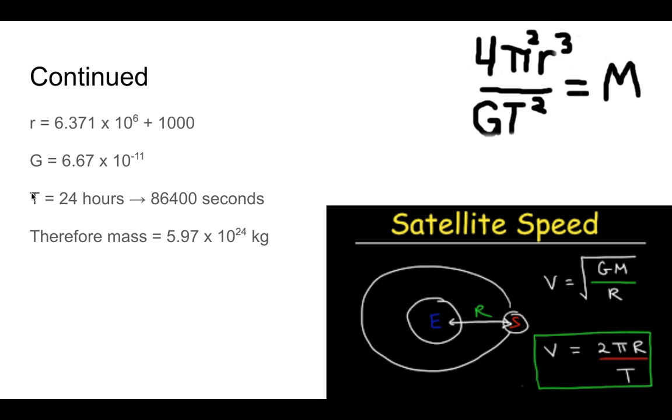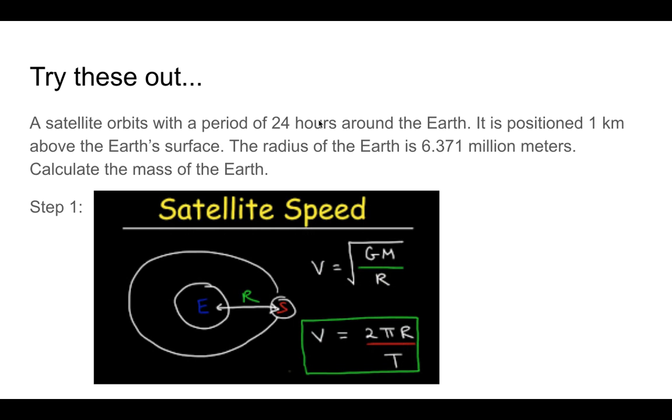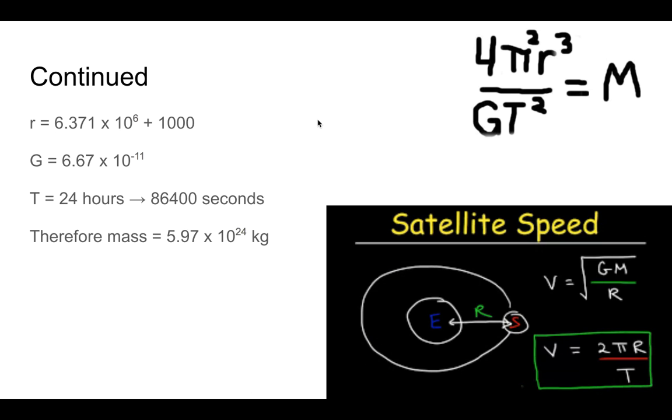The period of the orbit was 24 hours, so I'm going to convert it to seconds, because these are all SI units, so make sure that you use SI-based units. When you plug in this for r, this for G, and this for T, you get the mass of the Earth, which is actually correct, 5.97 times 10 to the 24th kilograms.